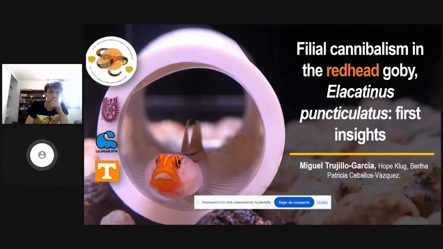You mean that it's not ethical to remove the parents, or am I missing the question? I'm not sure if I understand. Yes, for example, it's a species that presents parental care. If you try to prove some stuff in this species, what is the limit to remove the parents in the ethical dimension?